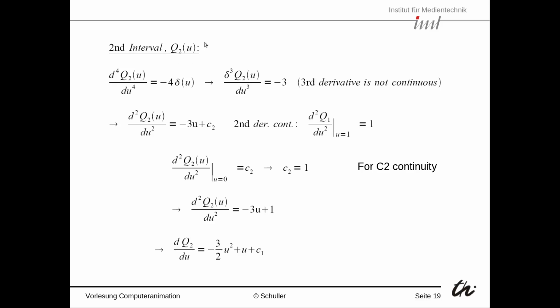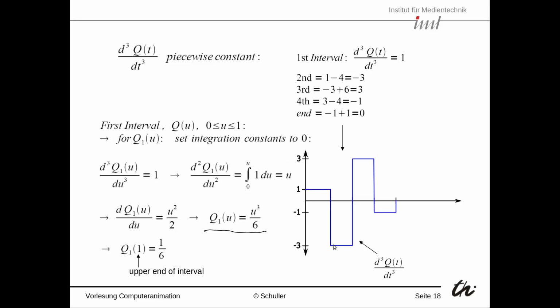So here this is now about q2 of u. We now know that the fourth derivative is minus 4 delta, and the third derivative was minus 3. So going back here, the third derivative in the next interval was minus 3.